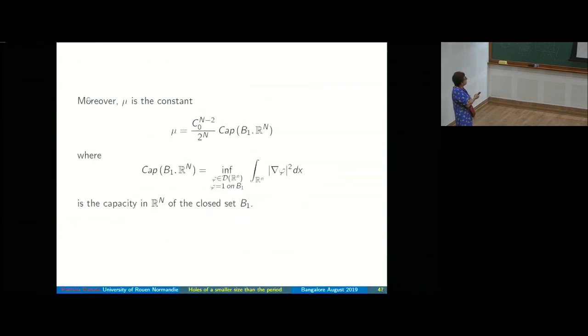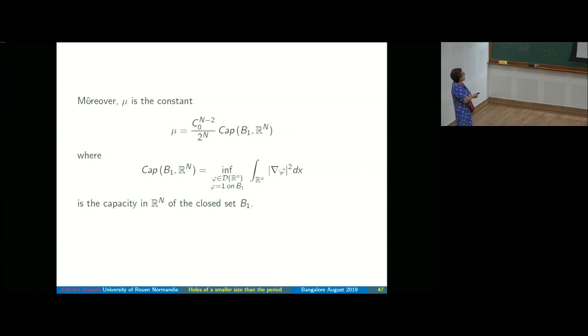Moreover, the constant mu is this constant multiplied by the capacity of the ball of radius 1 in R^n, where this capacity is the infimum of the L2 norm in R^n of the gradient of functions which are 1 on the ball and in D of R^n, which is more or less the solution of the problem which is 1 in the ball, 0 outside, and harmonic.